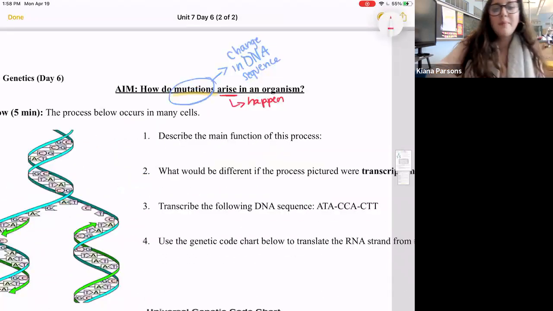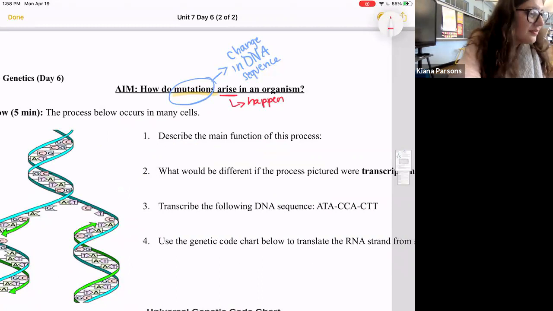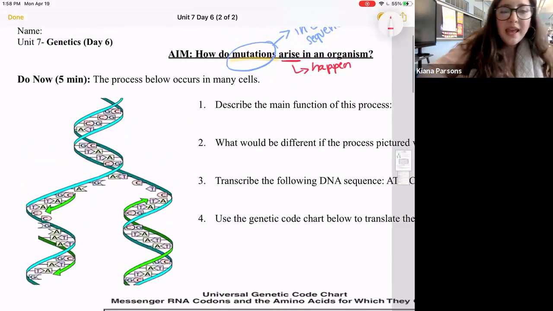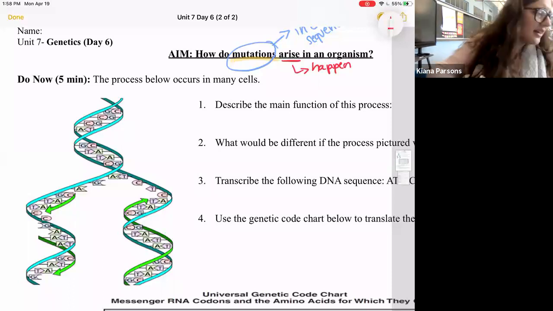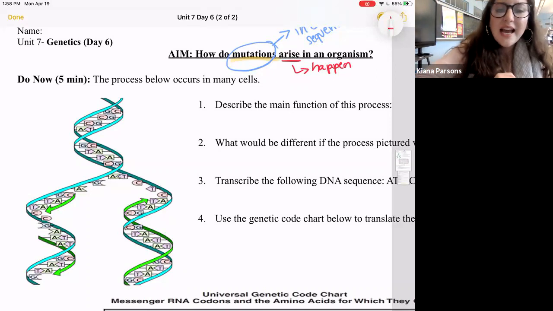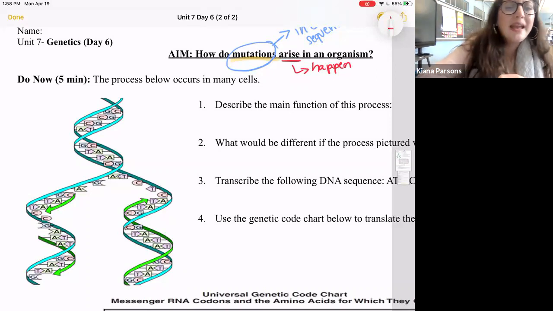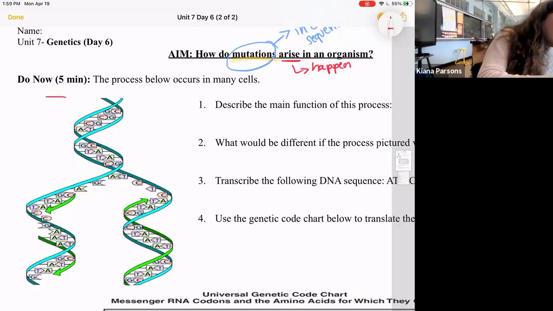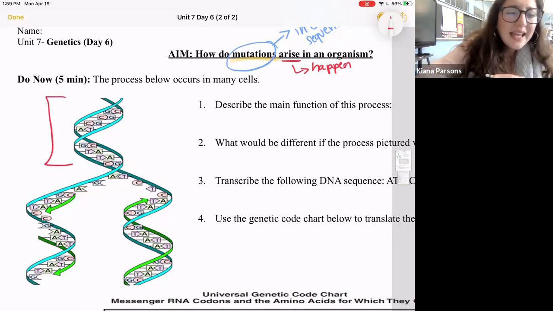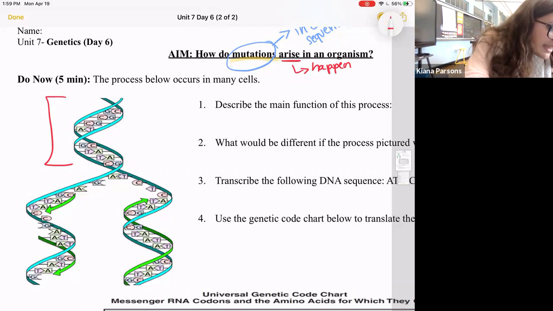And before we talk about mutations, let's take a look at this do now question. And we're looking at here, let's examine the diagram first. It asks, describe the main function of this process. And we can see here we've got the double-stranded DNA, and it looks like at the bottom here we can see these arrows.